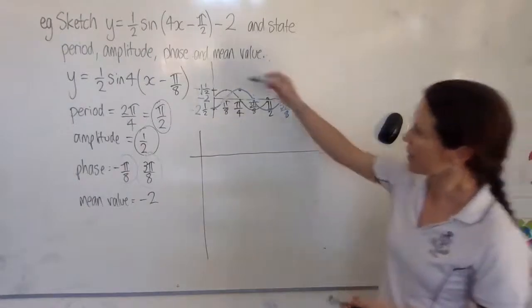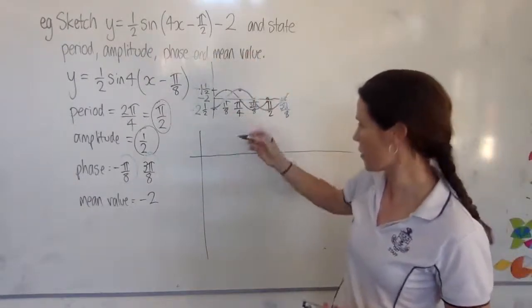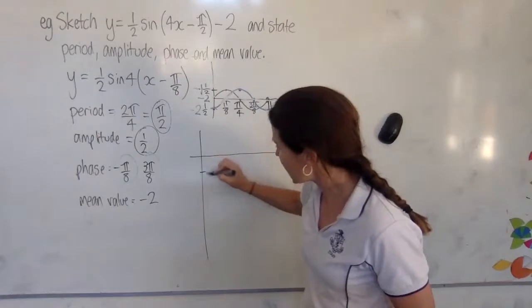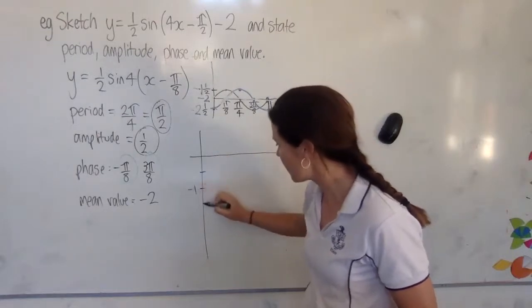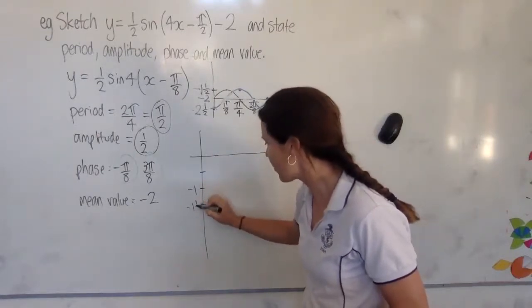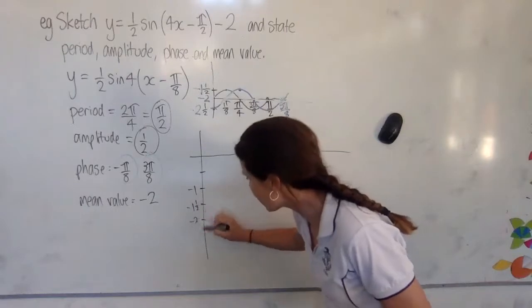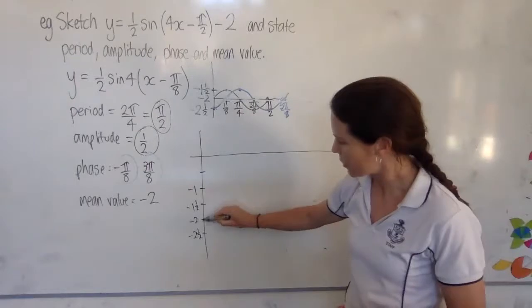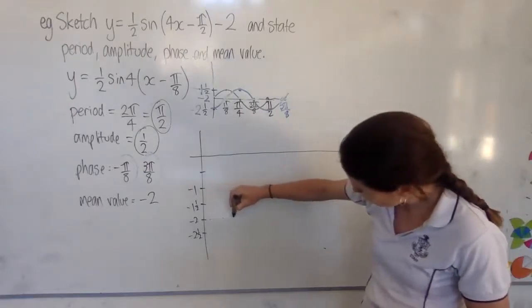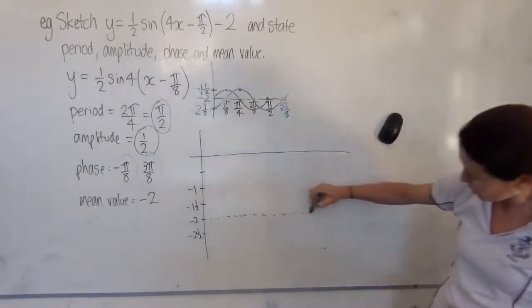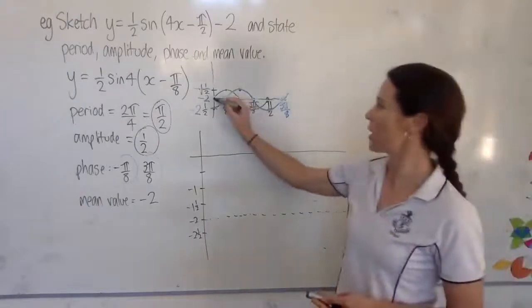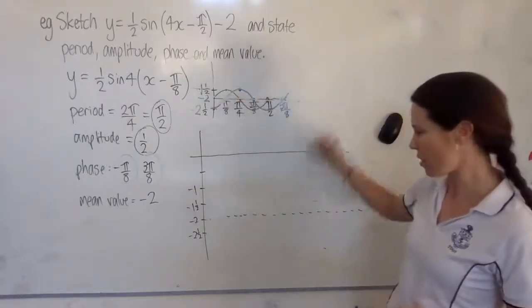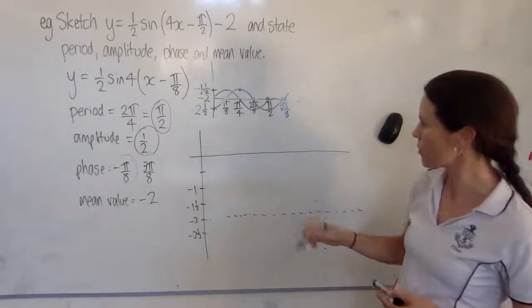Now, the first thing I need is to get the axis right, so the labels. So let's go by halves here. -1/2, -1, -1.5, -2, and -2.5. These are the key points that I need. And I'm even going to put a dotted line coming along here for y equals -2, because that can act as this line that's coming through, and that would give me some nice places to put my dots.